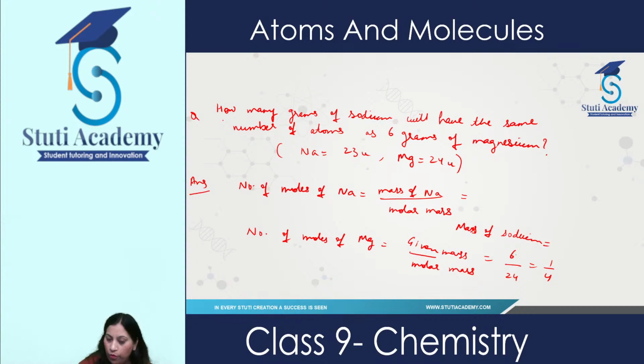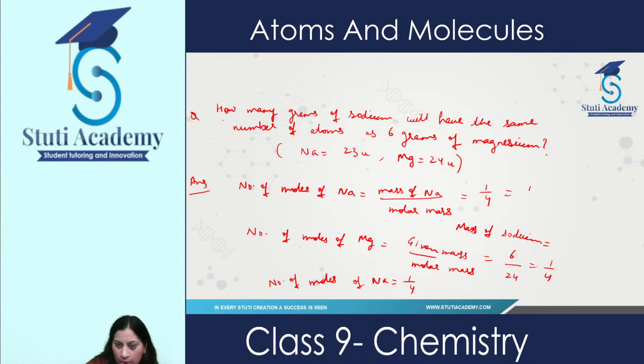So number of moles of magnesium is 1 upon 4. Number of moles of sodium is equal to mass of sodium upon molar mass, which is equal to 1 upon 4.